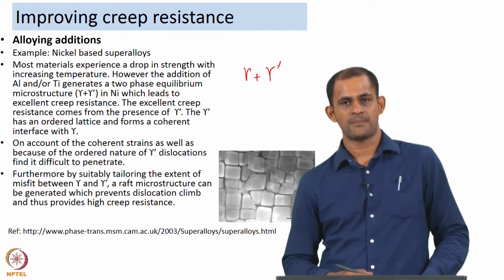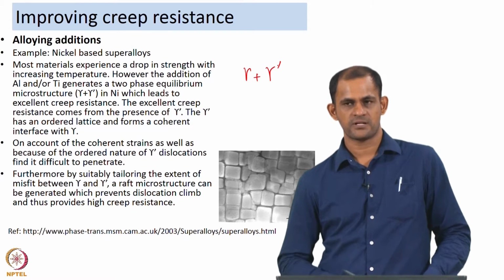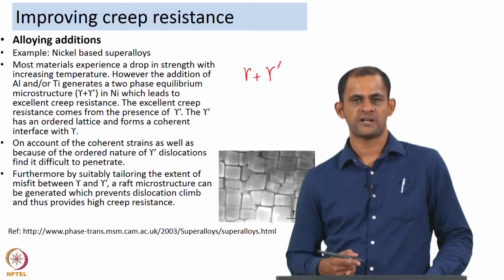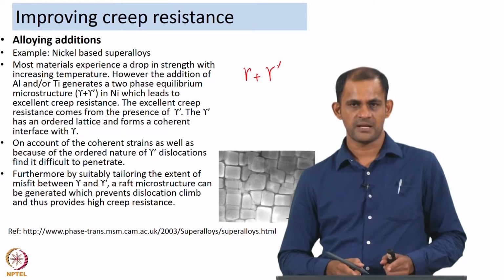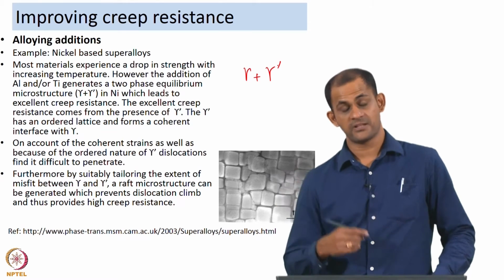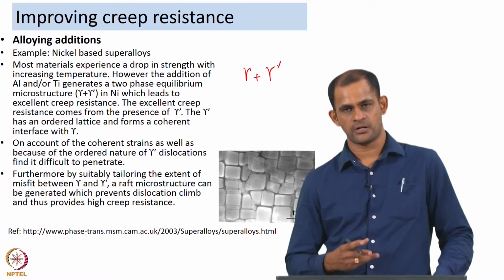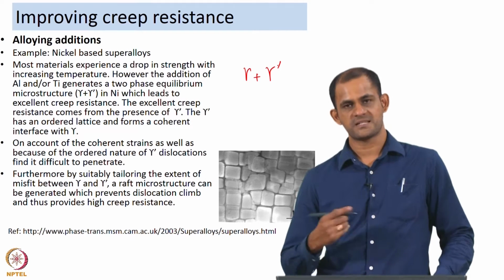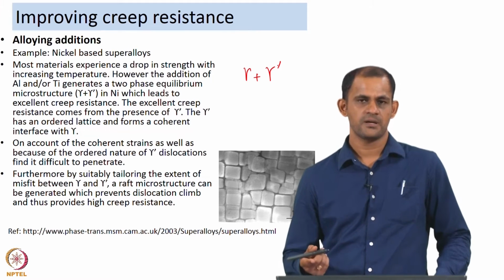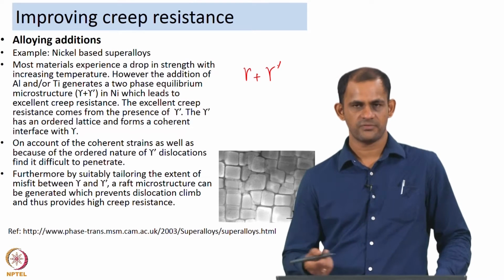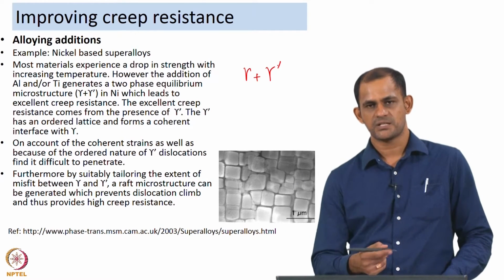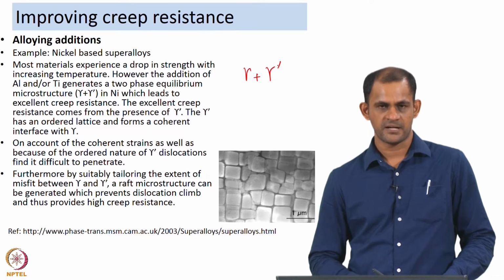Furthermore, on account of its ordered lattice structure, dislocations tend to get locked within gamma dash at higher temperatures, and that has something to do with the antiphase boundary energy of the gamma dash. This is the advantage of generating gamma dash in the nickel matrix.